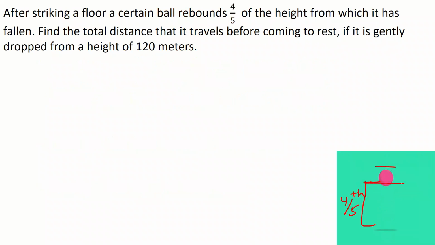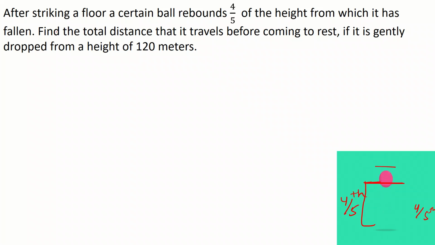So this is somewhere the new height, and then again when it goes back down, it bounces again for the 4 by 5 of its height, and this goes on. So we want to know what is the total distance that the ball will travel before finally coming to rest.